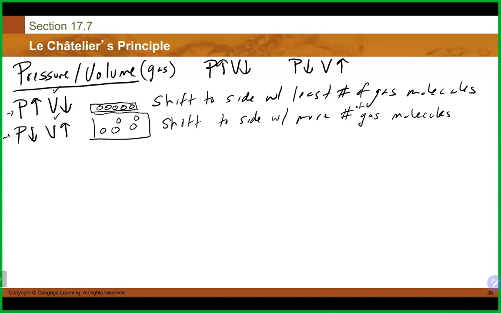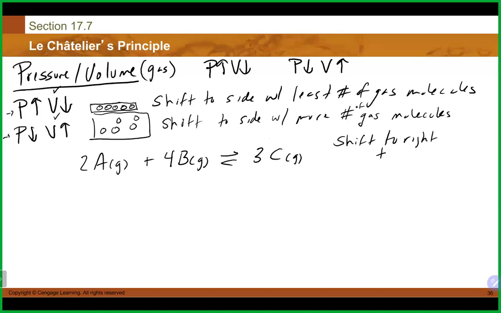So let's take a look at an example. Let's just say we had 2A plus 4B goes to 3C in this case. For each of these, decide what will happen. Will it shift to the right, to the left, or will there be no change if you do the following?